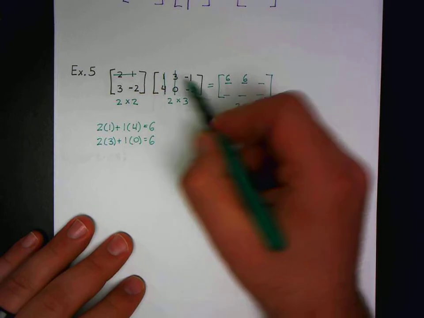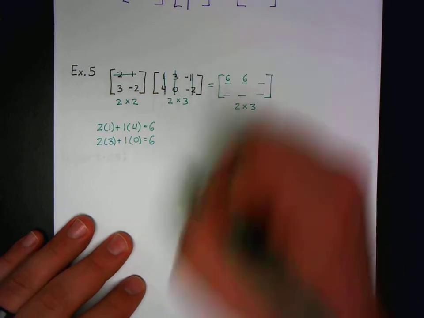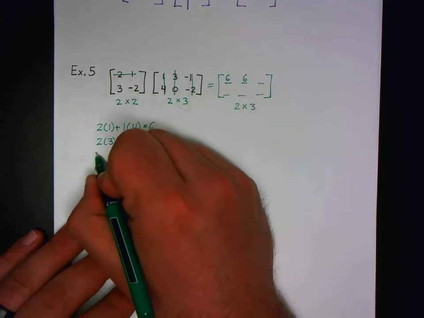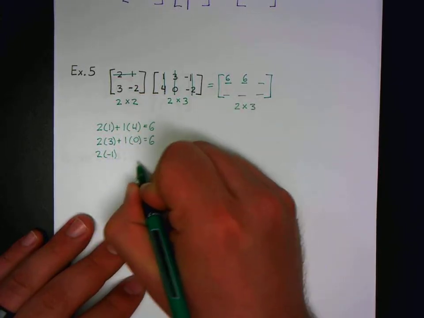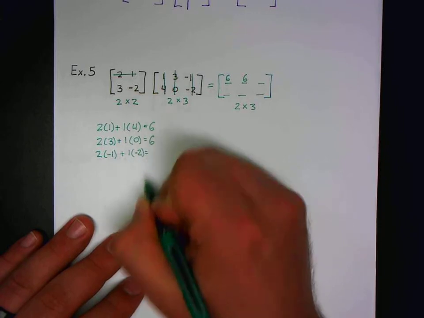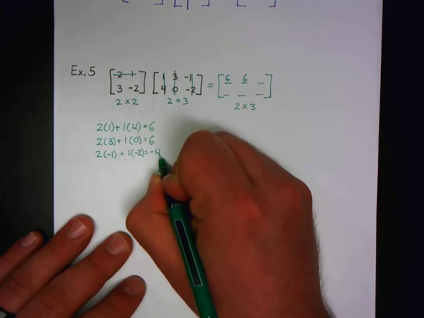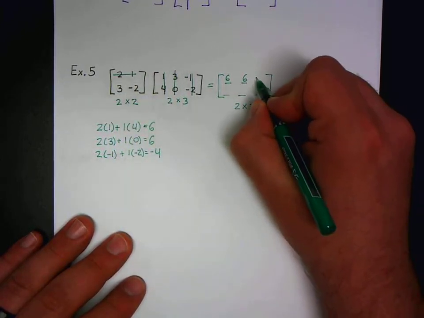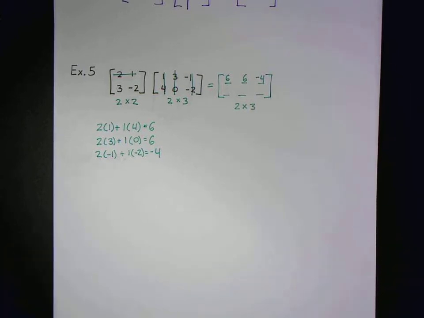I still need to do first row times third column. So that's 2 times negative 1 plus 1 times negative 2. So that's negative 4. Okay, first row, third column, so I put the answer in first row, third column. So I'm going in order. You wouldn't even have to go in order as long as you put the answers in the correct spots. It's easier to go in order because it keeps track of it.